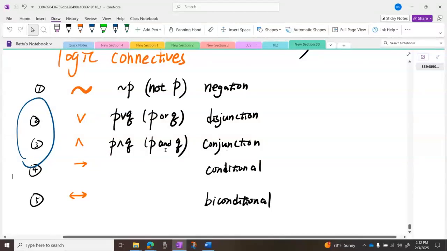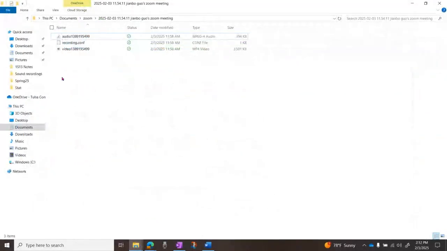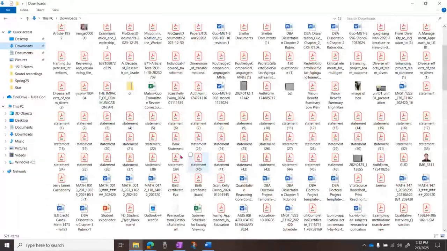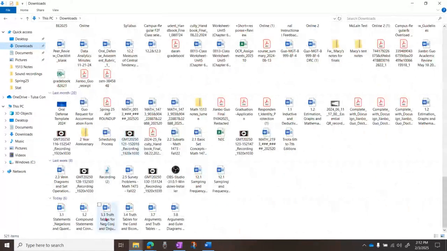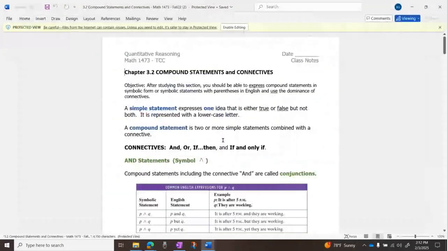It is and in logic. This notation means and in logic. Okay, let's look at some problems. I downloaded 3.2, I believe. Yeah, let's look at some problems.